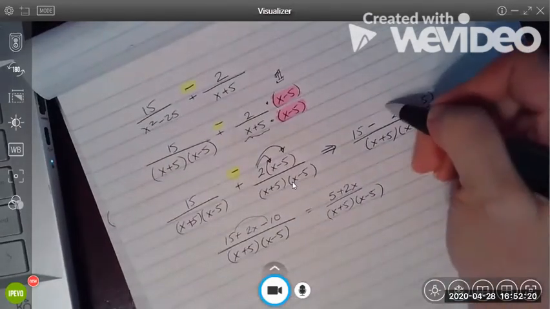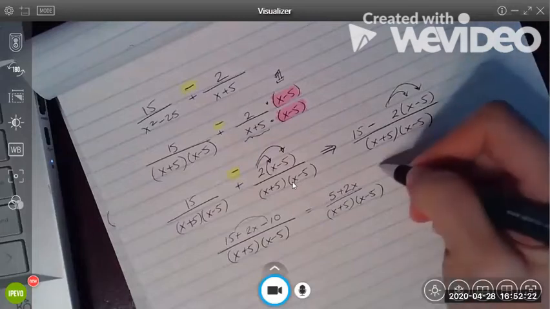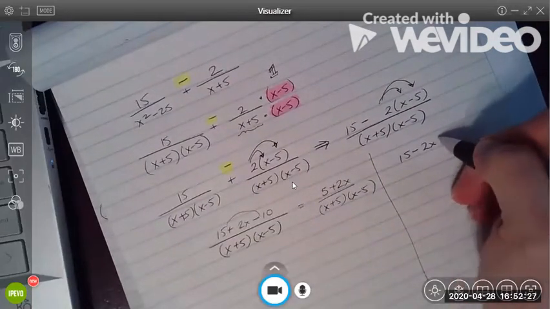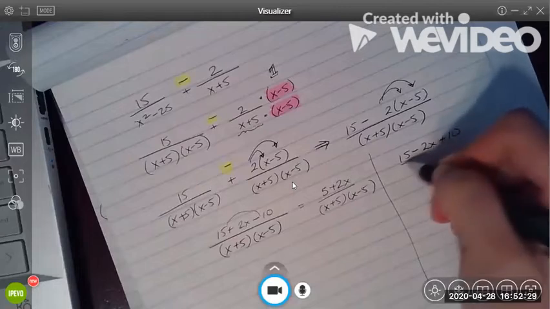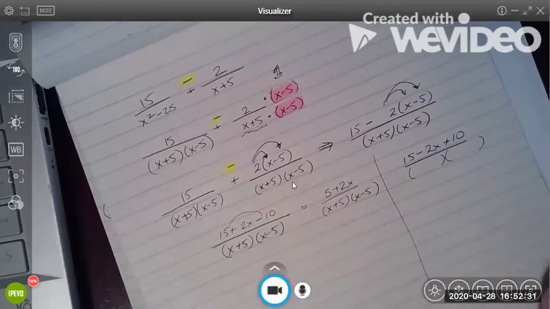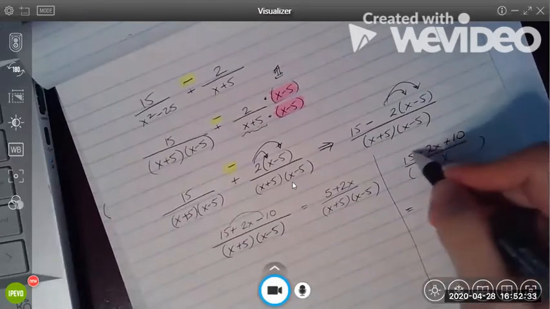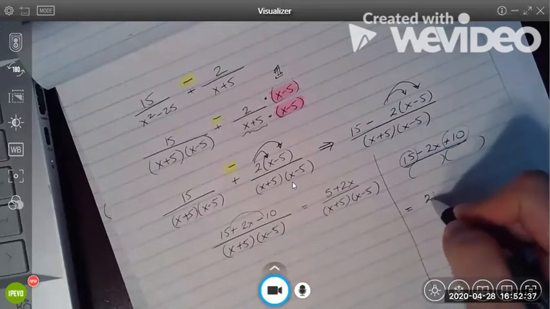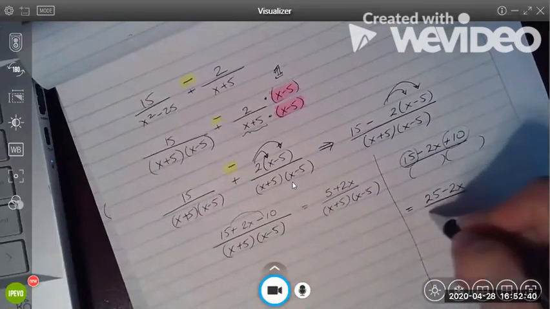So it's a negative 2 that I'm distributing. For this problem, I now have 15 minus 2x plus 10 over that same denominator. So 15 plus 10 as opposed to 15 minus 10, so now I have 25 minus 2x.